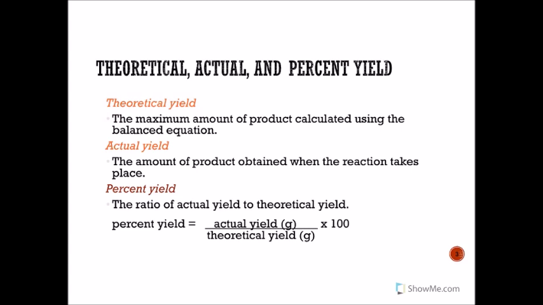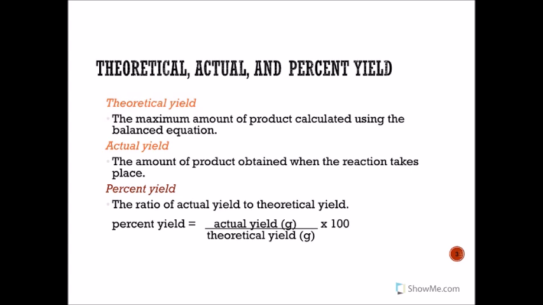This is particularly useful for a lot of applications. If you're working in industry, you want the highest percent yield that you could possibly get. If you're working at the potash mine, you don't want to be losing potash. If you did a reaction to extract potash from the particular ore, or if you're doing another chemical reaction in industry, you want to make sure you're getting a very, very high percent yield.